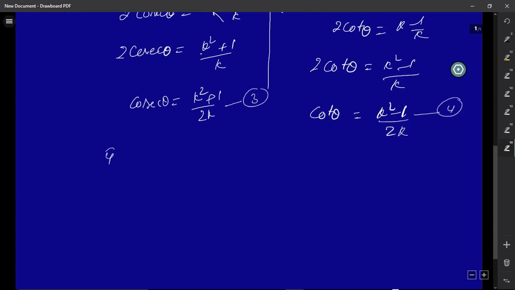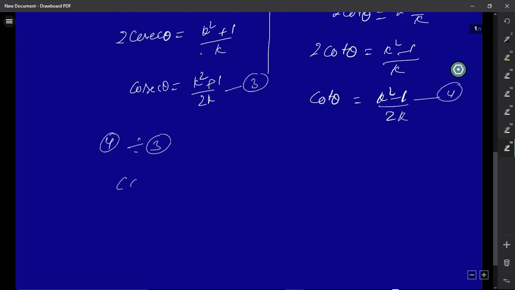At last, divide 4 by 3. So what's the fourth equation? Cot theta is equal to k square minus 1 by 2k. And what's the third one? Cosecant theta is equal to k square plus 1 by 2k.